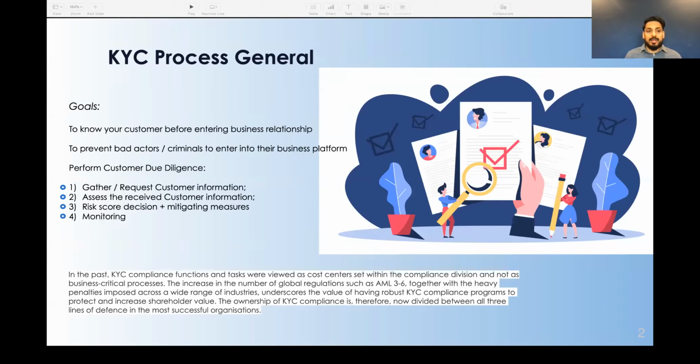After you assess the information, you have part 3 where you make a risk score decision. And that risk score is in a lot of the financial institutions low, medium, high, and unacceptable. And that's also based on the mitigating measures. What does that mean, mitigating measures?